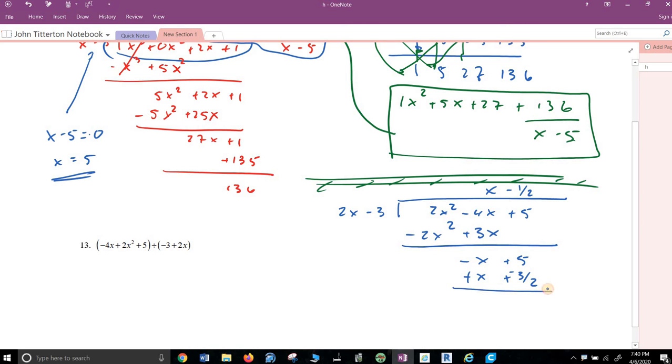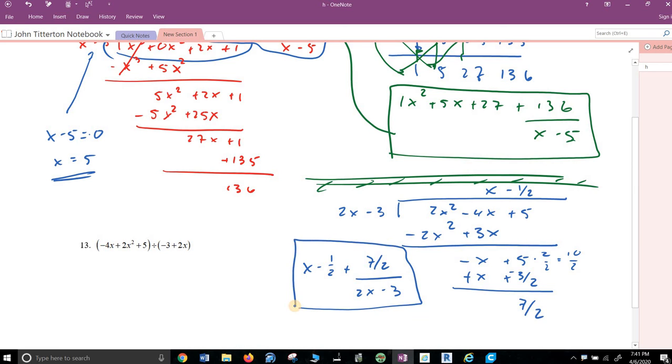Switch the signs, and if we multiply this by 2 over 2, you get 10 over 2. 10 minus 3 is 7/2. So the answer is x minus 1/2 plus 7/2 over 2x minus 3, which is very weird looking.